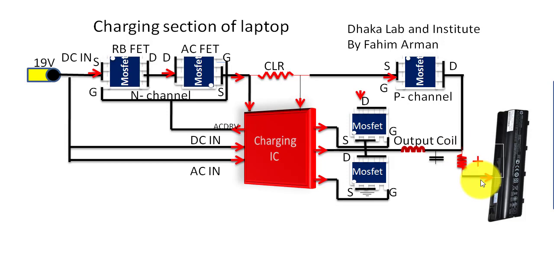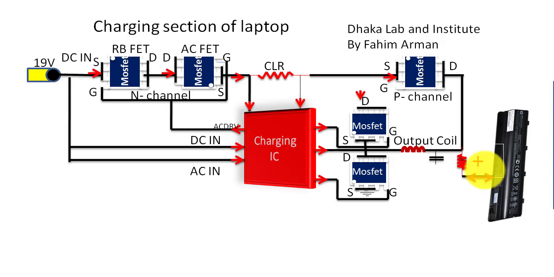Today we have seen how the battery is charged, but now we will also see how the battery will give power to the laptop motherboard. When the battery is charged enough, the battery will discharge and provide backup to the motherboard.